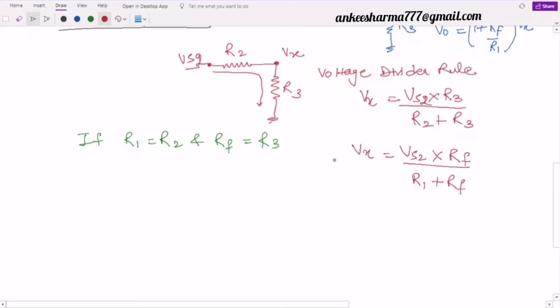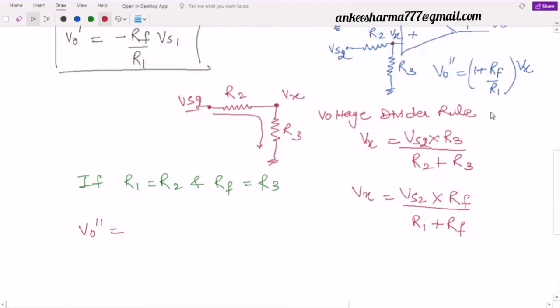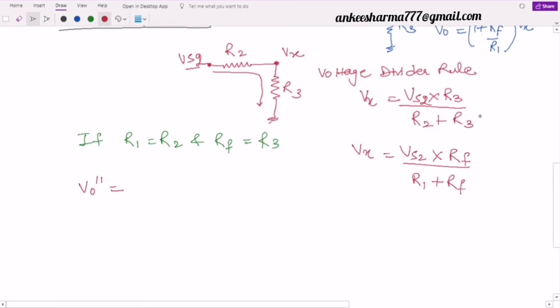It means V naught double dash, which is equal to 1 plus RF by R1 into Vx, and in place of Vx I will substitute the value, so it is 1 plus Rf by R1 into Vs2 into Rf upon R1 plus Rf.